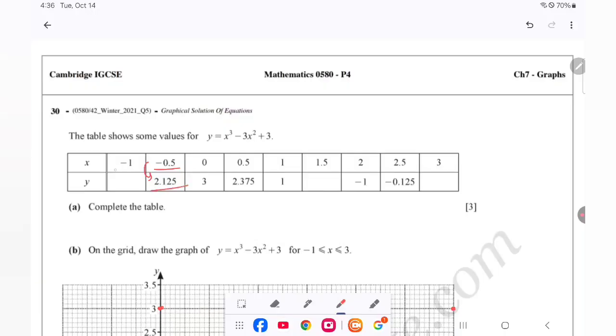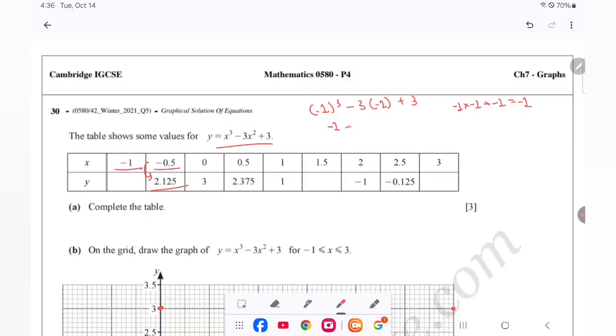So if you put 1 in the position of x, 1 cube right here, minus 3 over 1 plus 3, negative of 1.